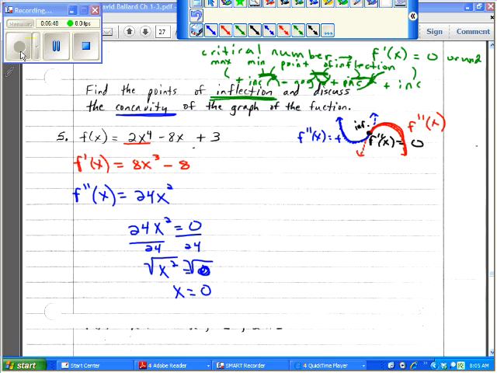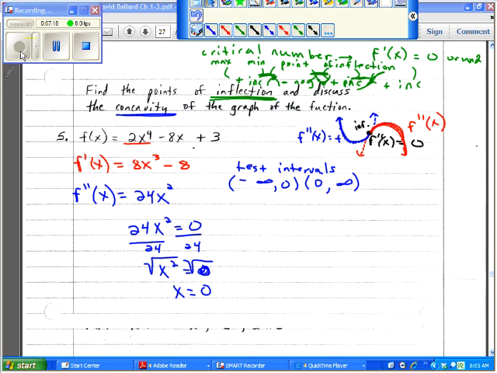Okay? Now, we could go further and talk about concavity. We could say, okay, let's create some test intervals with that. If I go from negative infinity to 0, and 0 to positive infinity, then that's going to be my test intervals.